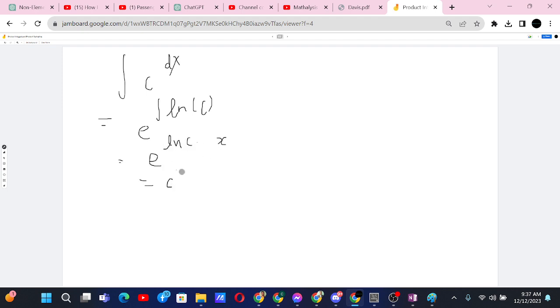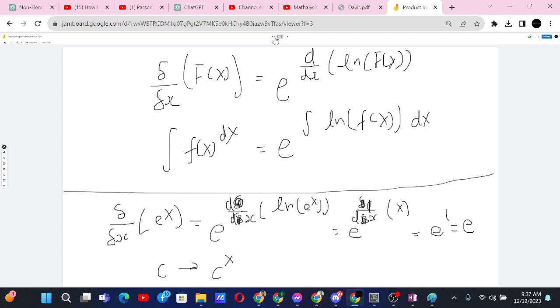Yeah, that's c to the power x. So since c has product integral c to the power x, e has product integral e to the power x, and it's just that c has been multiplied many times during the Riemann product, as in the original definition we had. So that's why this result was there.